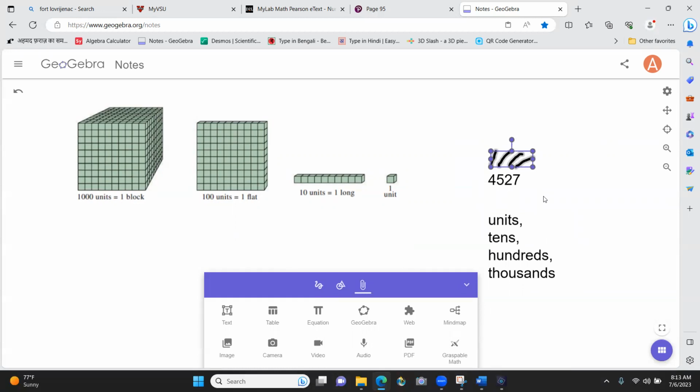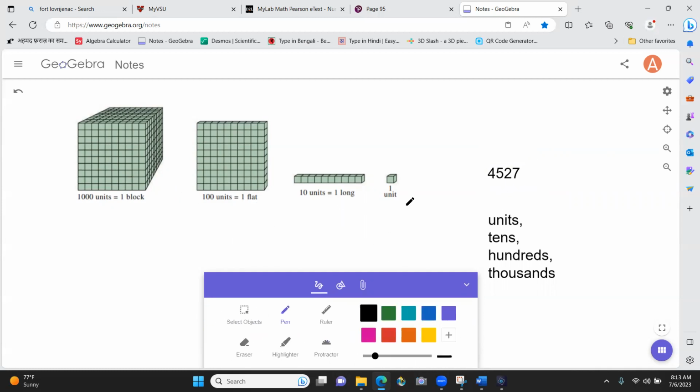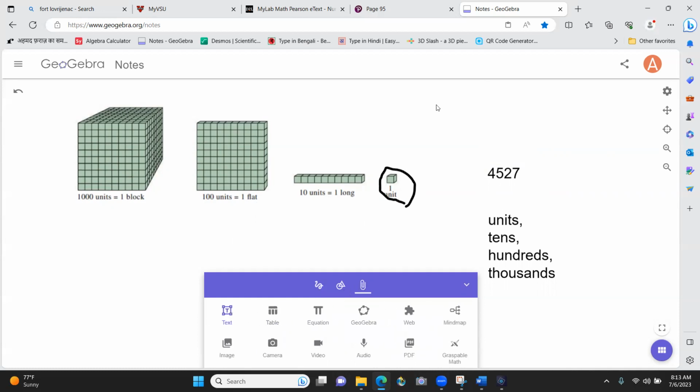What does that really mean, guys? It simply means this number. Okay, first let's observe the structure here. I have a cube, and this is base 10. Okay, that means if this is 1, I take 10 copies of 1 and make the next one.